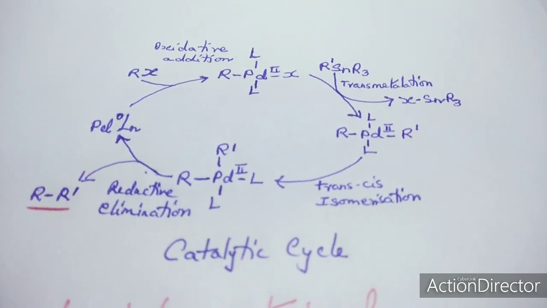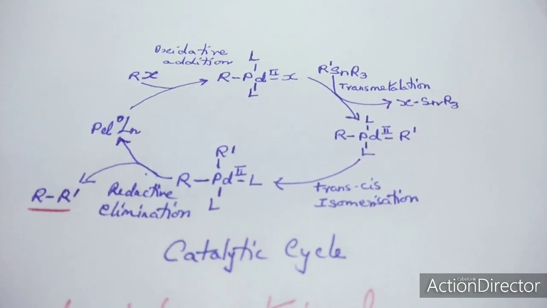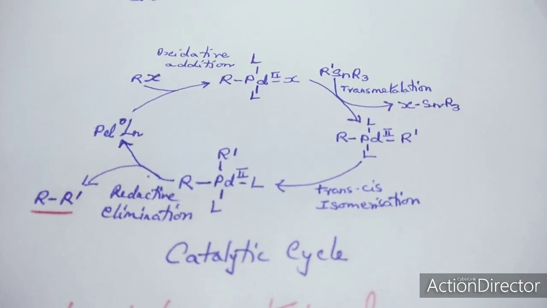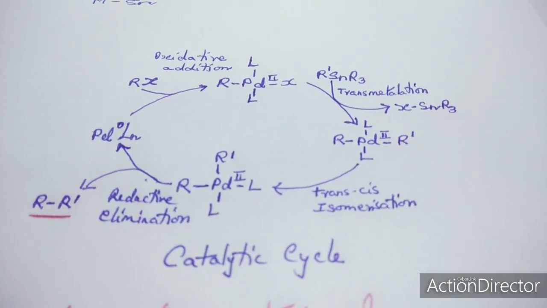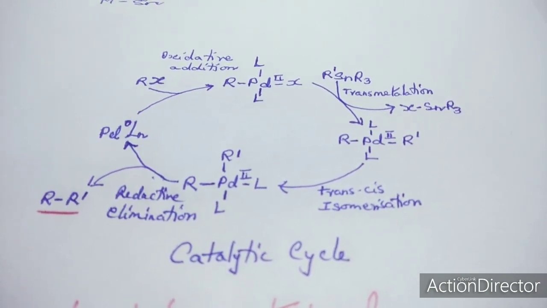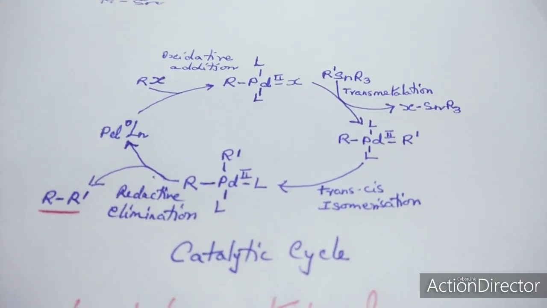Transmetallation means that in the organotin R3Sn-R1, the R1 group is being transferred across to the metal palladium, hence the name transmetallation. R3 is generally Bu3 many a times.